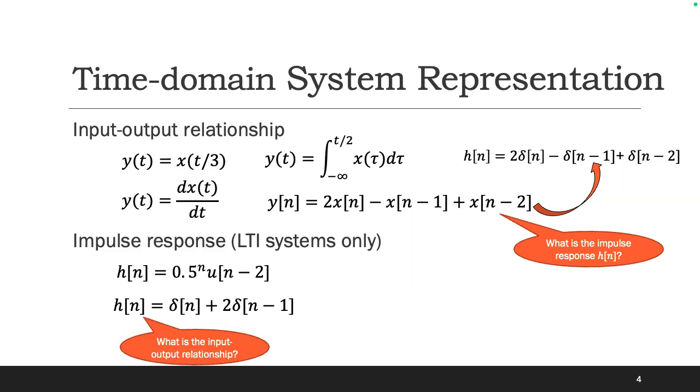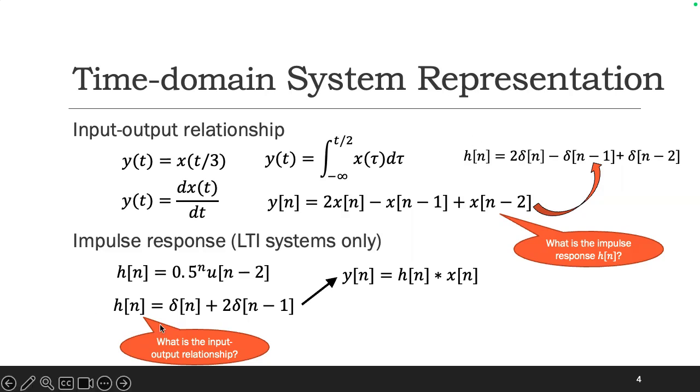This is an impulse response example, and this is the other one. Let me ask you, what is the input-output relationship if your impulse response is this one? Firstly, what's the input? What's the output? What's the equation for the output? The xn convolution with hn, am I right? Or hn convolution with xn.